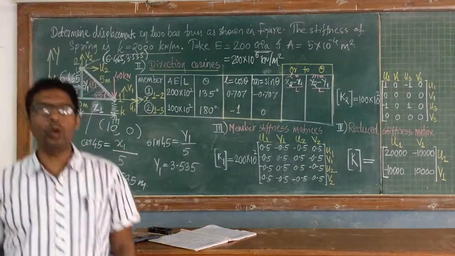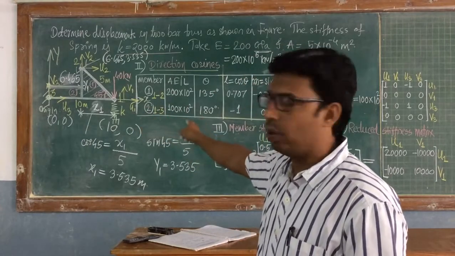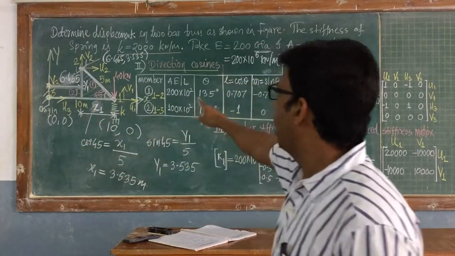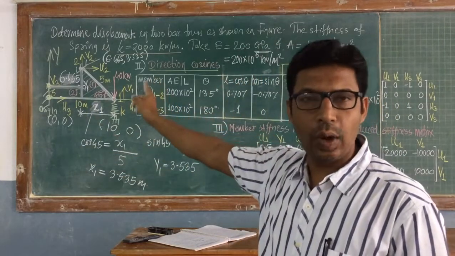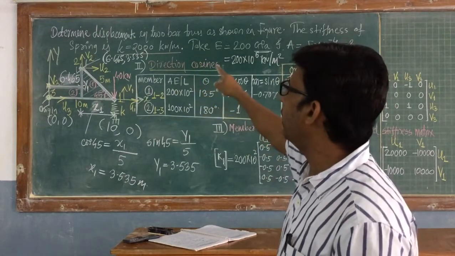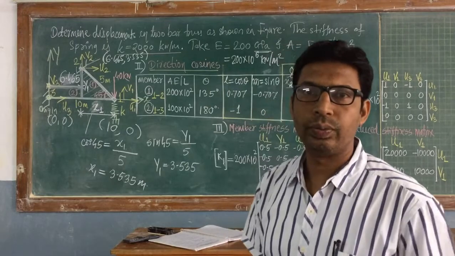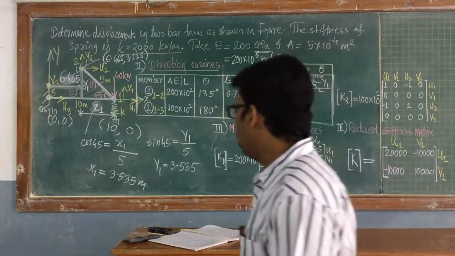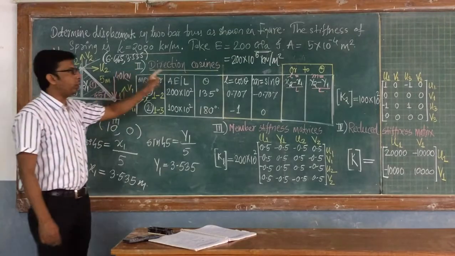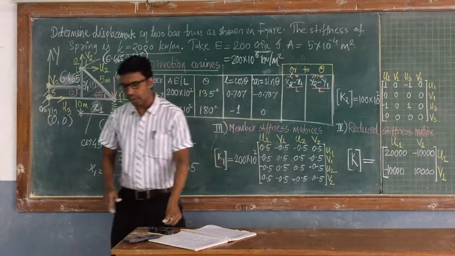So with respect to origin O, these are the coordinates: 0, 0 are the coordinates of joint number 3, then 10, 0 are the coordinates of joint 1, and 6.465 and 3.535 are the coordinates of joint number 2.